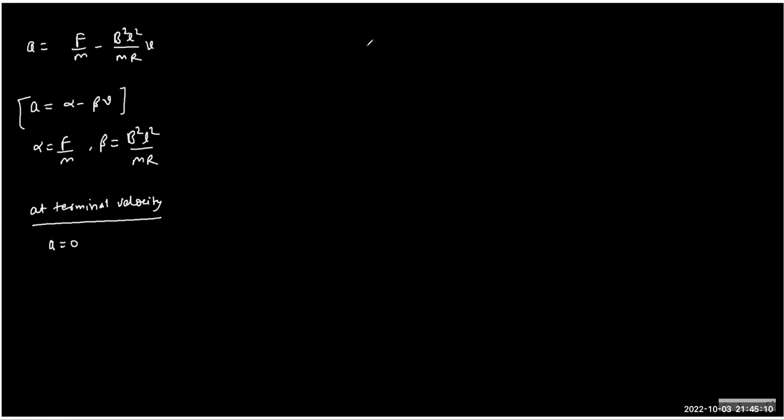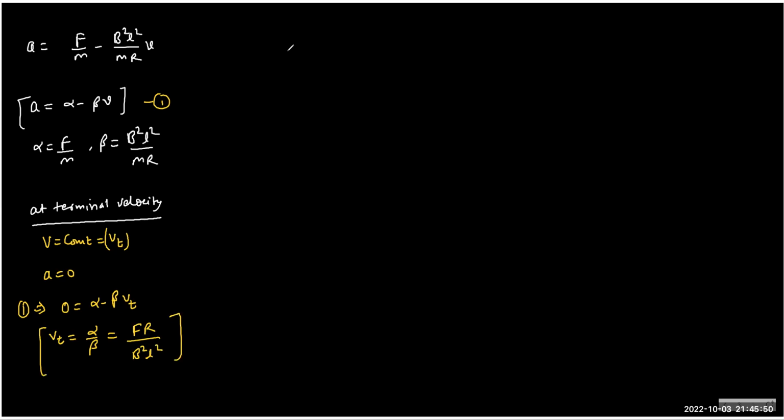So at terminal velocity, since V becomes constant, which we call V terminal, A becomes zero, and the moment you put A zero, we'll get the answer. So the V terminal is alpha by beta, and what you got was the correct answer. So the answer was alpha by beta, that is FR by B square L square.